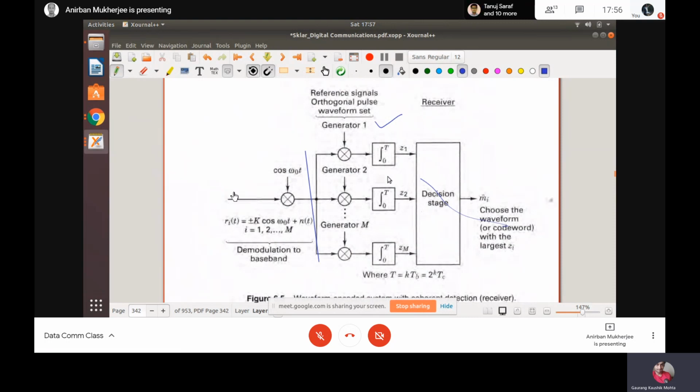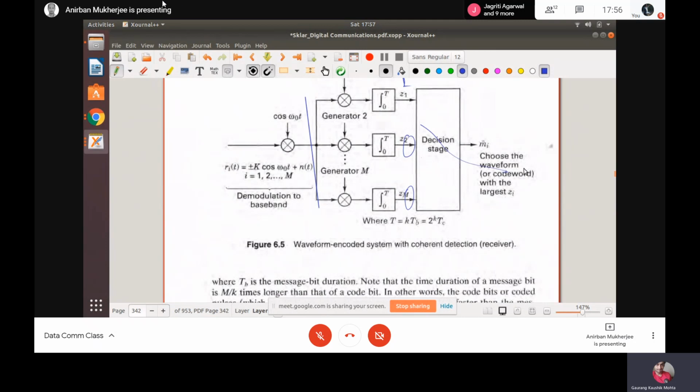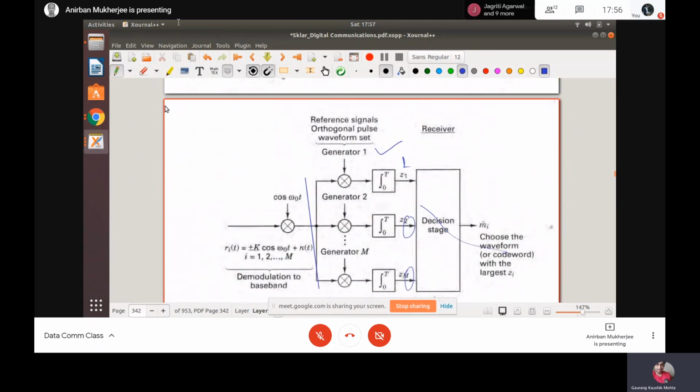That's why we talk about orthogonality: when you put the wrong waveform, all these outputs will be zero. When you send the right waveform and do the correlation, you have 1 and the rest are all zeros, so your decision will be clear. That's why we talk about orthogonal signals, orthogonal waveforms.